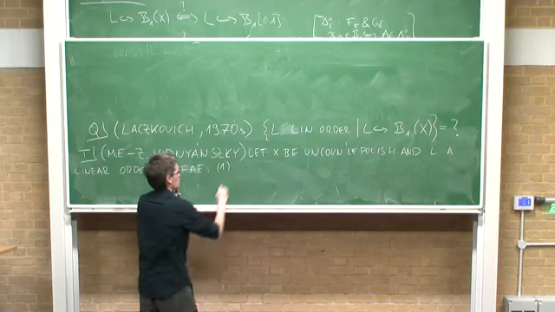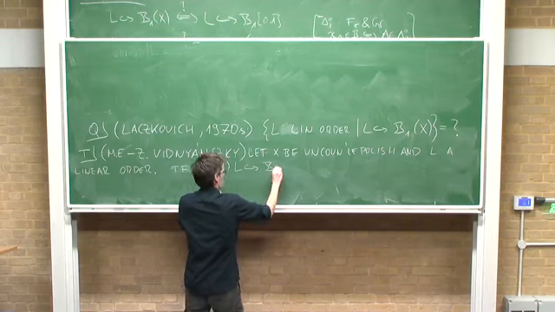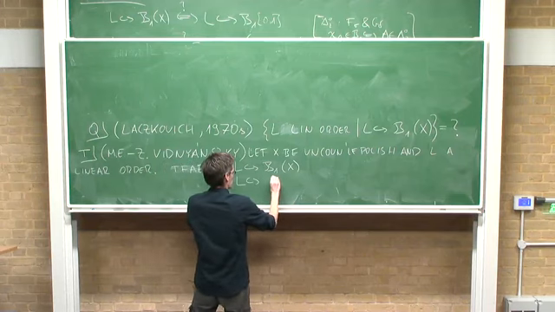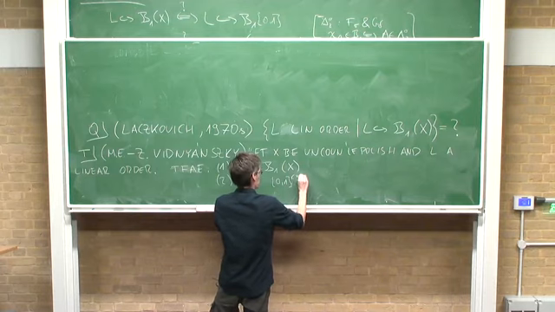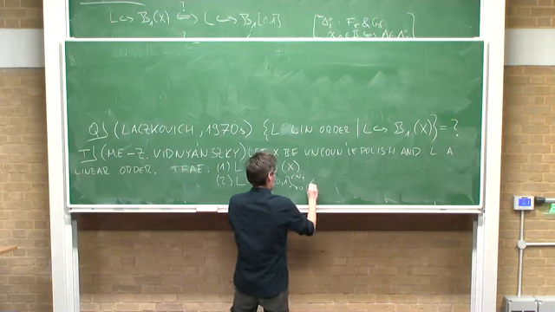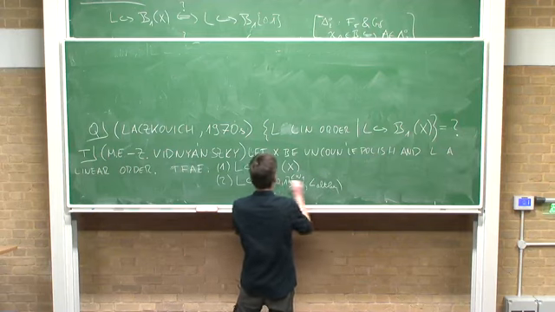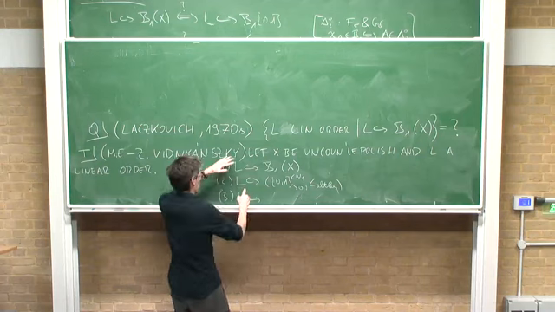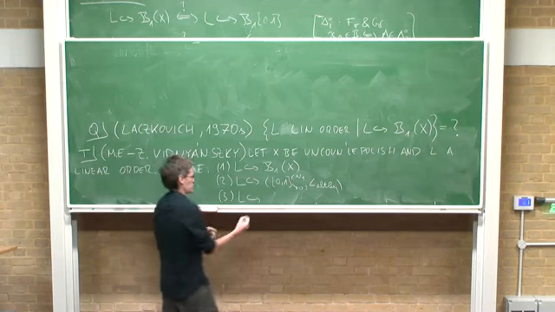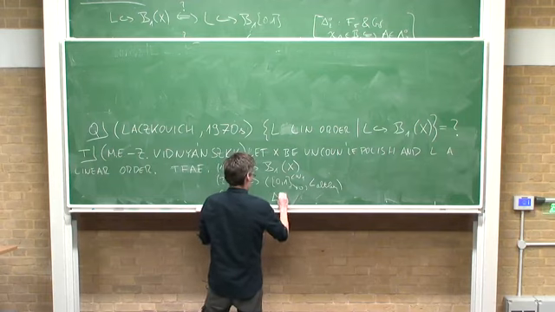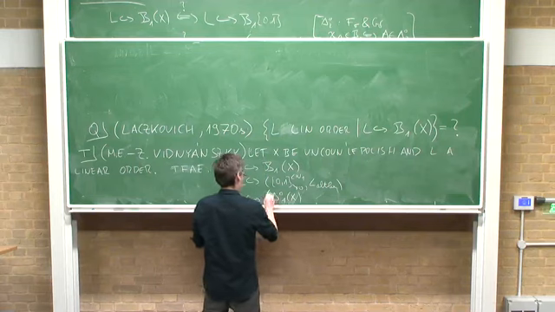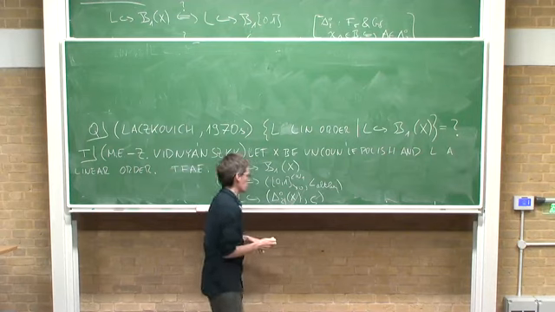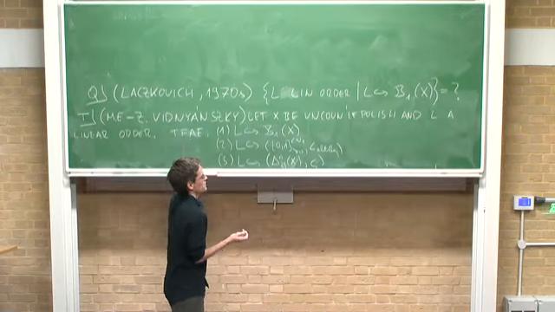One, L embeds into the Baire class 1 functions on X. Two, L embeds into this combinatorially defined object. And let me also put here three, L, because this is the answer. This is the main part. That's what we were interested in. L embeds into the characteristic Baire functions, the delta 0 2 sets ordered under inclusion.